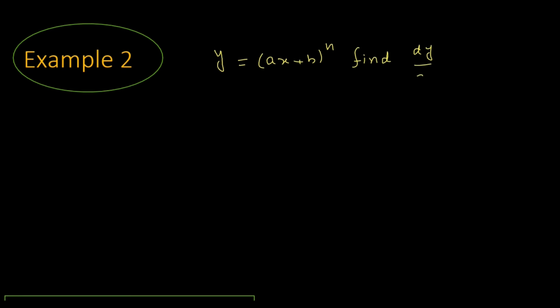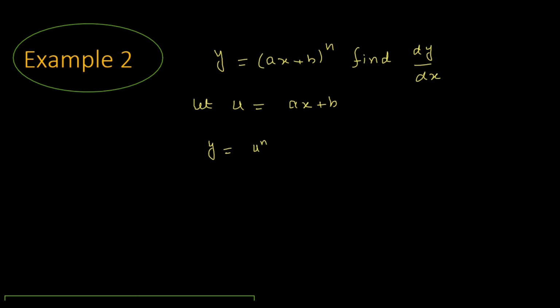To find dy by dx, let u be equal to ax plus b. Then y is equal to u raised to the power n.